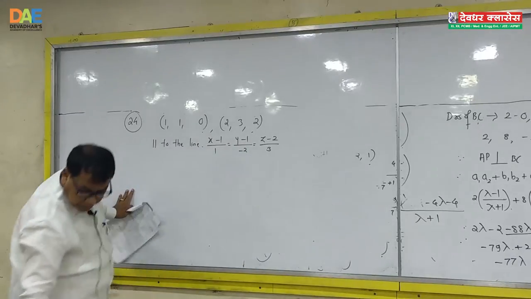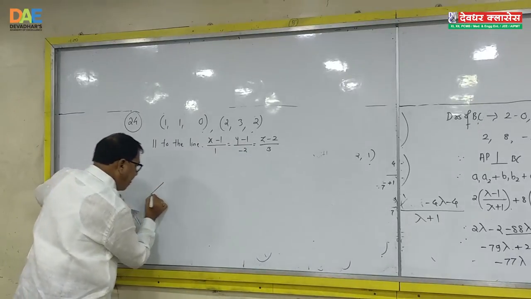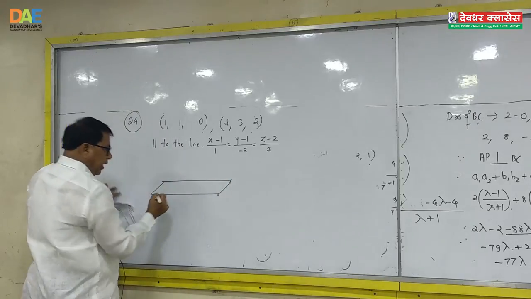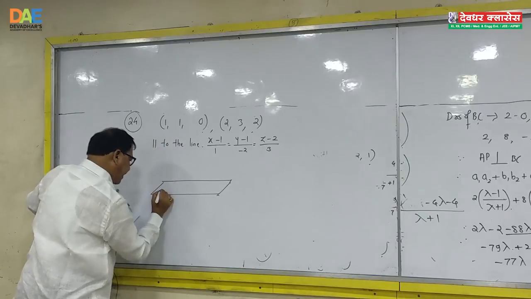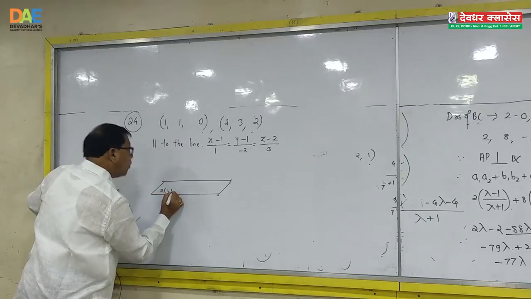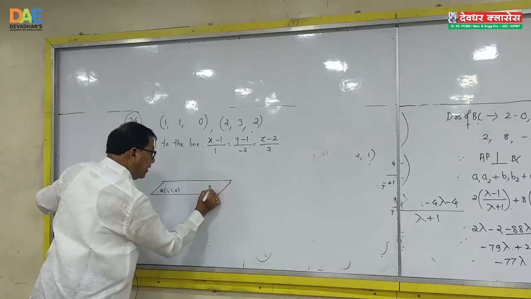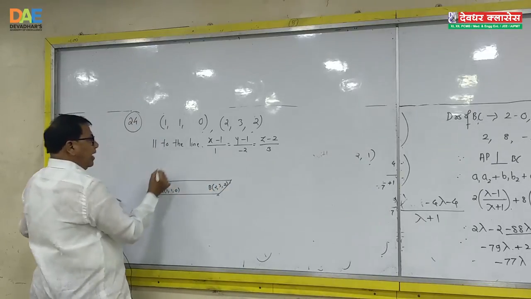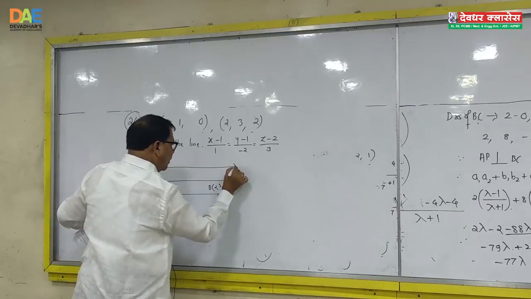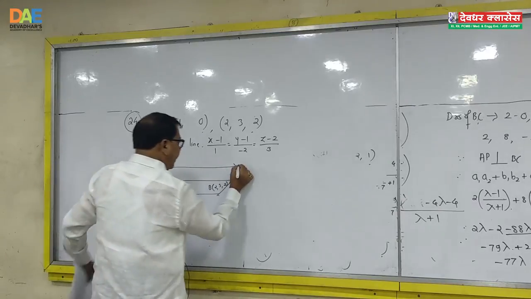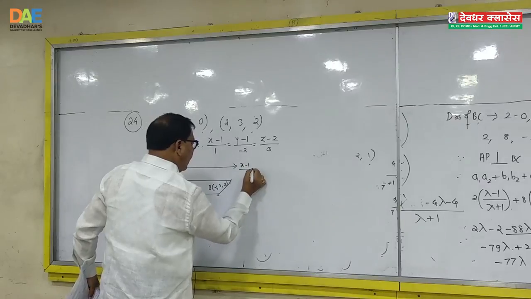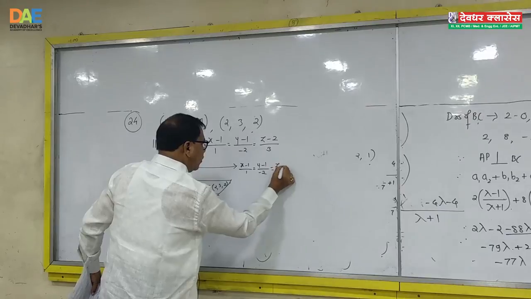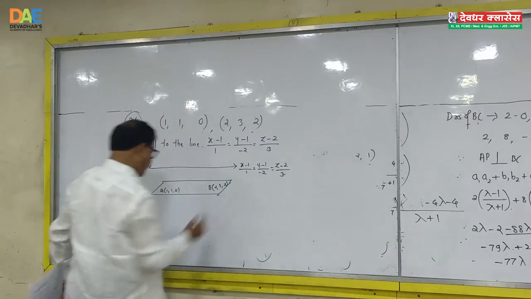Listen here. This is a plane. This plane is passing through the points, say A(1, 1, 0) and B(2, 3, 2), and the plane is parallel to the line (x minus 1) upon 1 equals (y minus 1) upon -2 equals (z minus 2) upon 3.